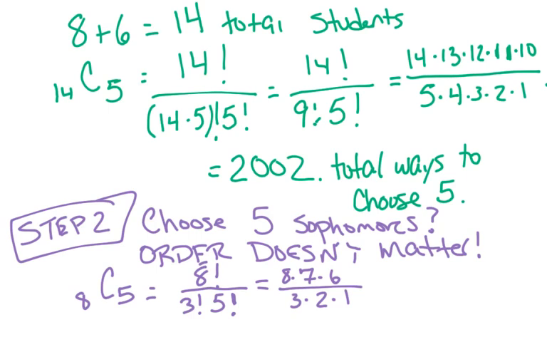Because the 5 factorial will cancel out here because it's the greater number. And then this will just gloriously simplify down to 56 to pick 5 sophomores.